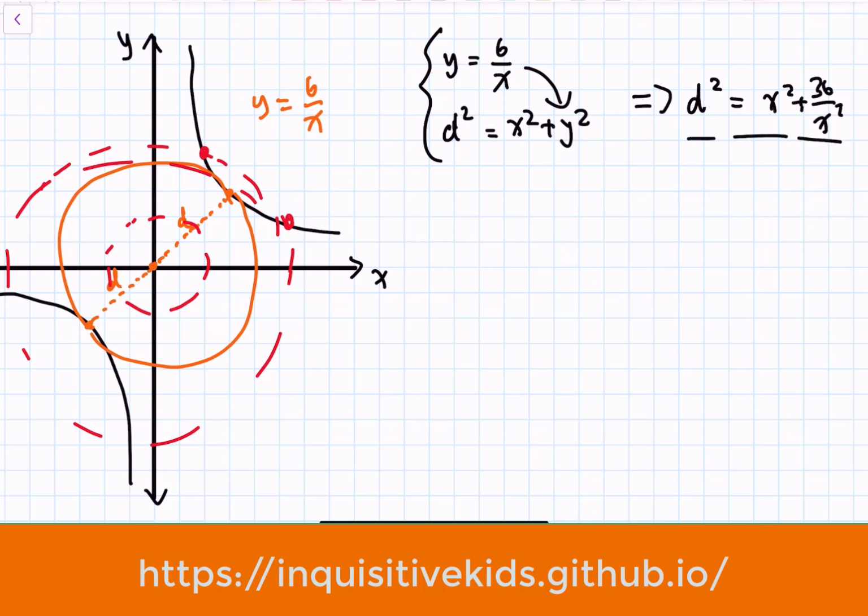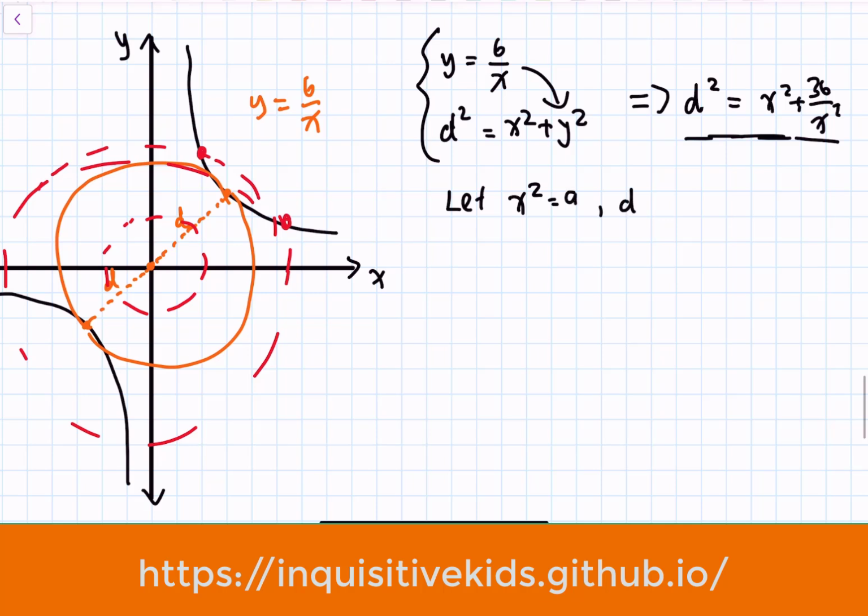This looks a little bit confusing, so we can first let x squared equal a and d squared equal D, because now it can help us look at some terms as a whole. Now we rewrite what we have here using what we just defined. So d squared is equal to D, which is equal to a plus 36 over a.